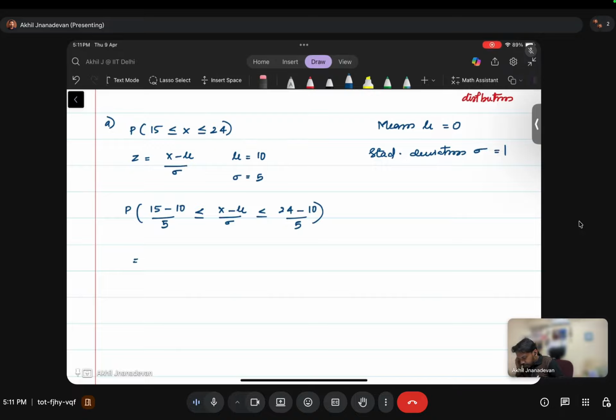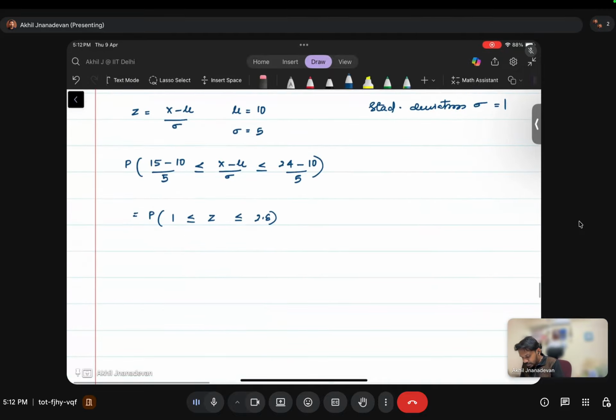So this will be P of 1 less than or equal to Z, the standard normal variate, less than or equal to 2.8, right?